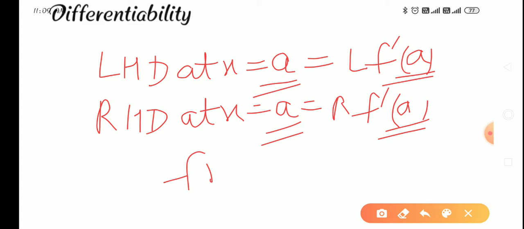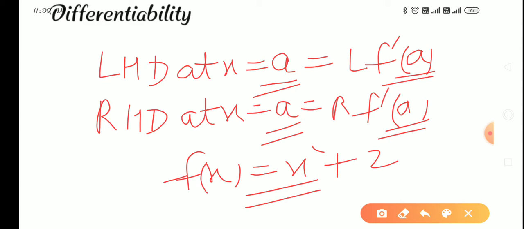Suppose a function is given, f(x) equals x square plus 2. You have to show this function is differentiable at, suppose, 2. So in this case x equals 2 will be there. You will calculate LHD, you will calculate RHD.